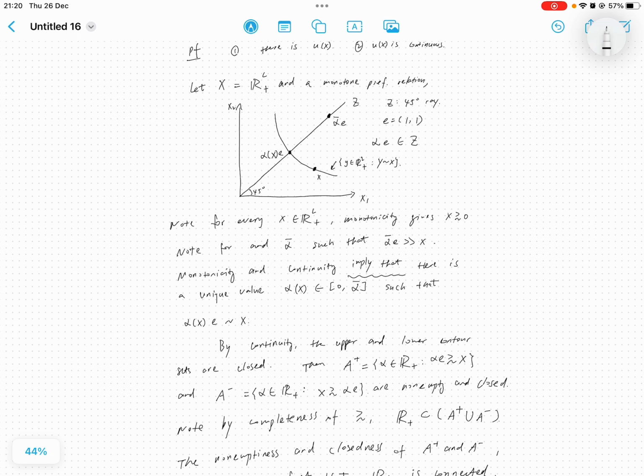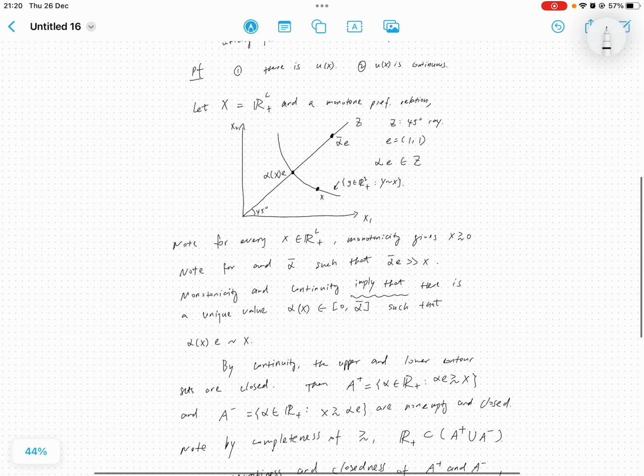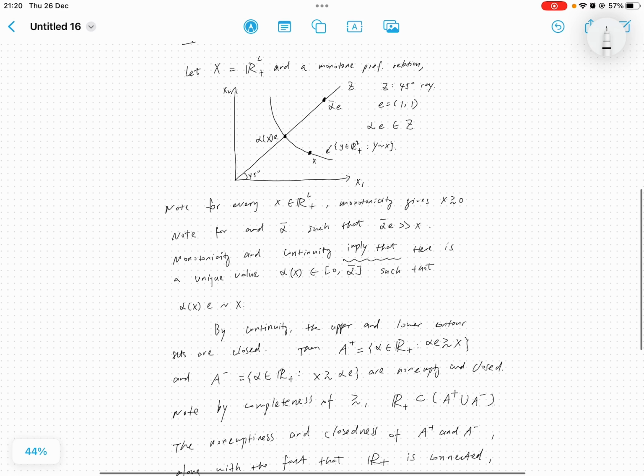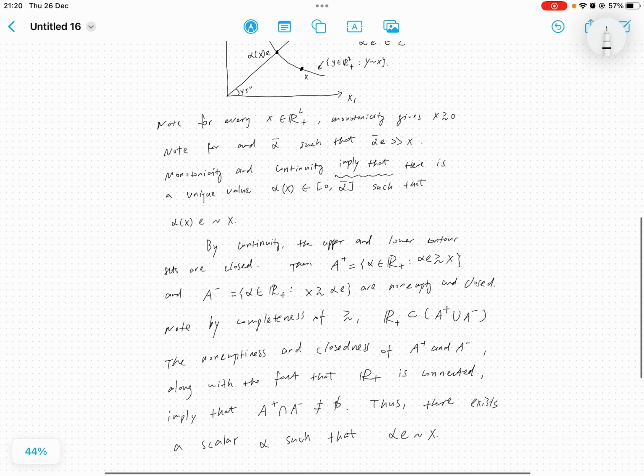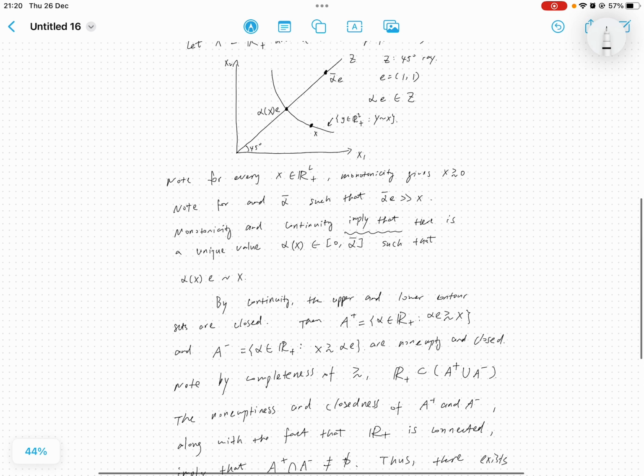45-degree ray, right? And the union of those sets covers the whole two-dimensional positive space in real numbers here, and the intersection of those is not empty. And here we have this alpha e, which is exactly at this point.